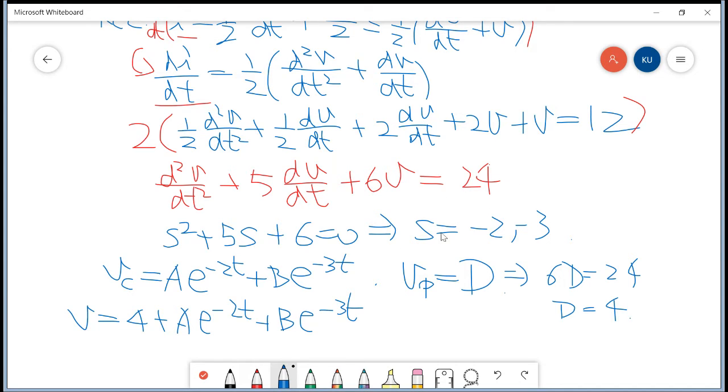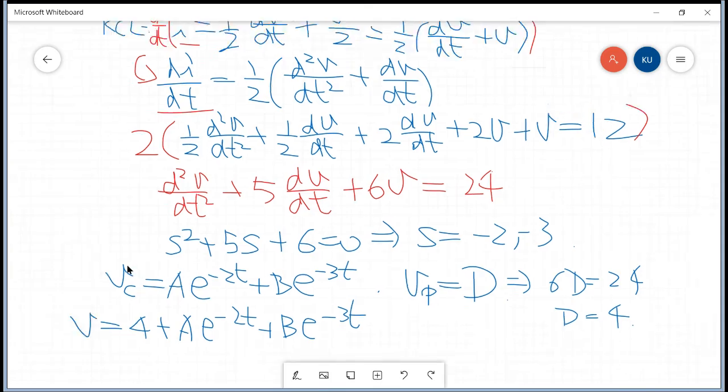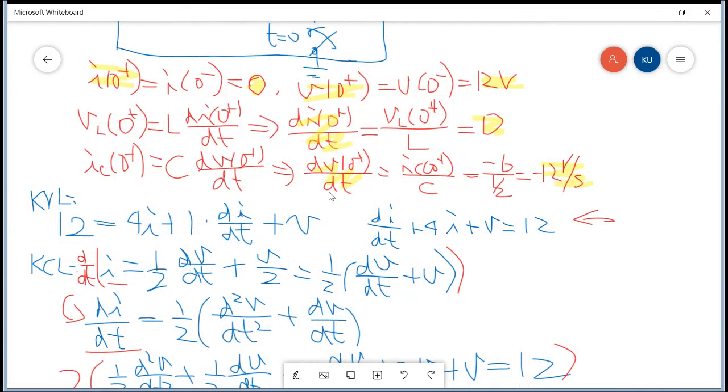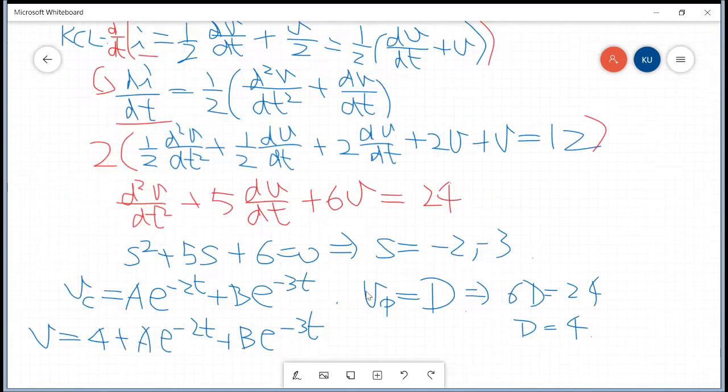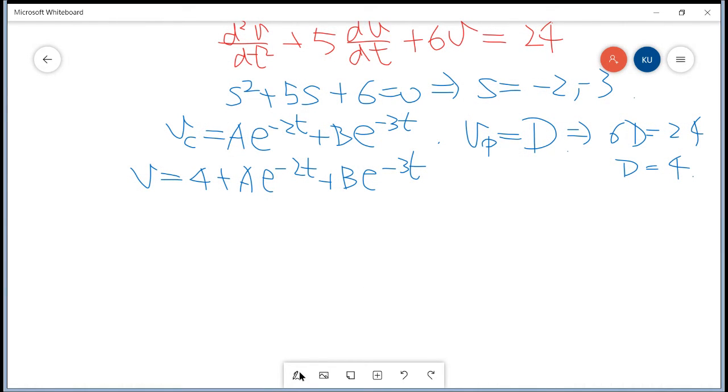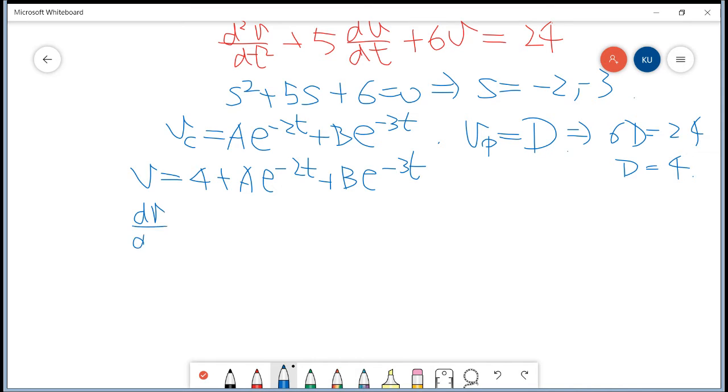And we know that the initial condition V0 plus is 12, dV dt 0 plus is -12. So that we can take the derivative of V. So take first derivative of 4 is 0.